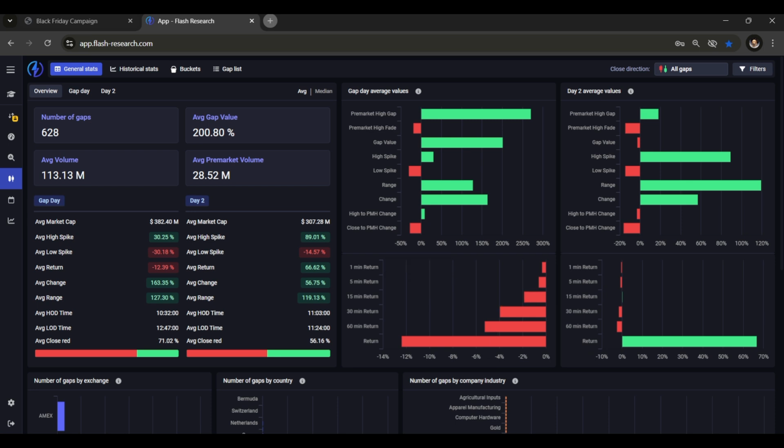We even have a section in our Discord room called feature request, where people are free to write down their ideas, and when we see something repeating, we pick it up and work on it. We have done a lot of great updates. For example, this one here, the close direction, was not in Flash Research. We implemented it because you guys were asking for it. So boom, here it is.